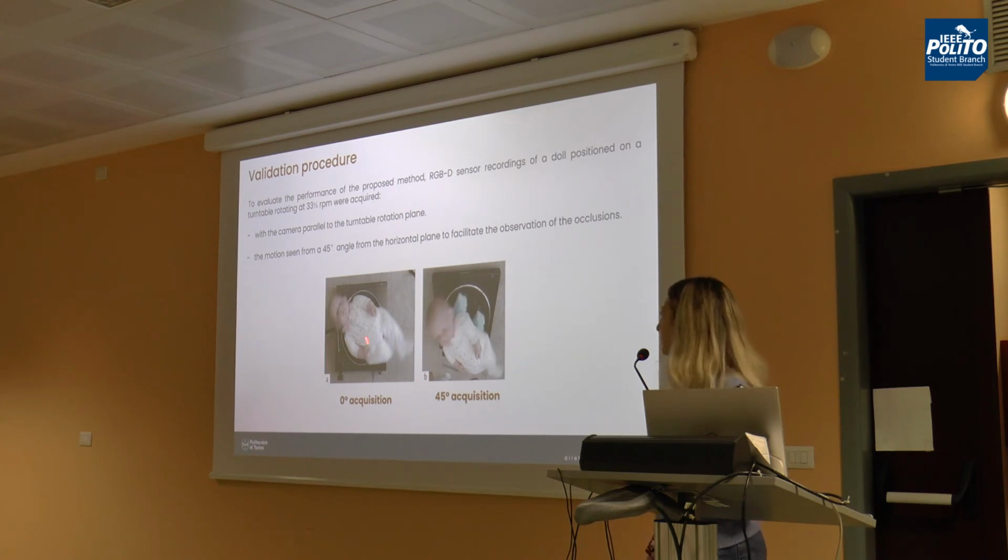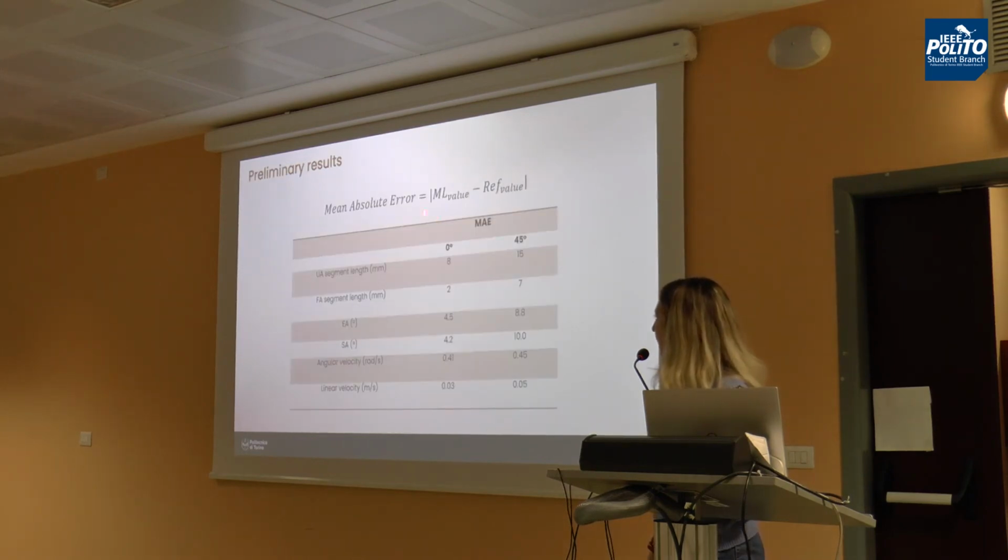The turntable is placed parallel to the camera, and in the second acquisition, the camera was tilted at 45 degrees to facilitate the observation of the occlusion, so to test this method in presence of occlusions. I calculated the mean absolute error of some anthropometric and kinematic quantities, and as expected, the performance at 0 degrees is better than at 45 degrees, because in the latter there are some occlusions.